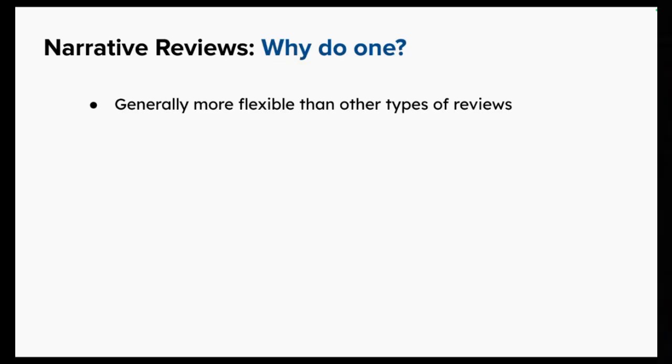Do I want to include only peer-reviewed research, or am I also interested in including reports from major companies like Bain or Boston Consulting Group or McKinsey? Those are decisions you get to make when doing a narrative review, whereas with those more rigorous reviews, you tend to have to include all of the literature available, regardless of whether or not it is peer-reviewed.